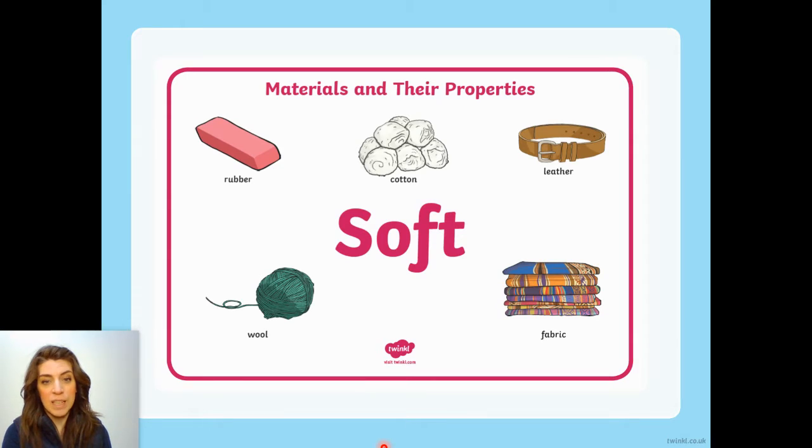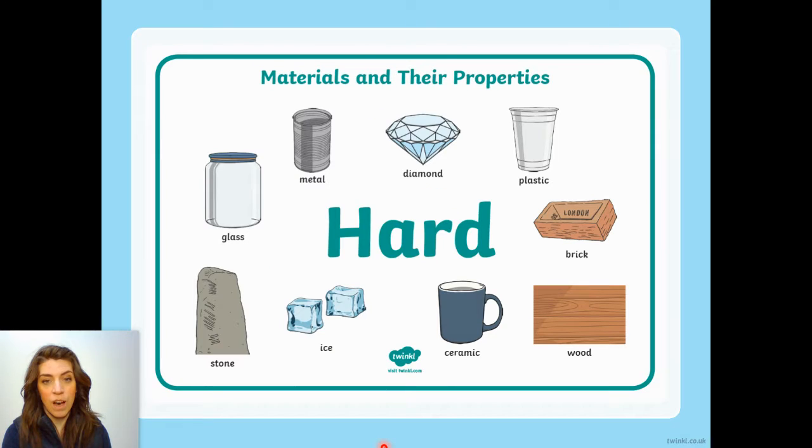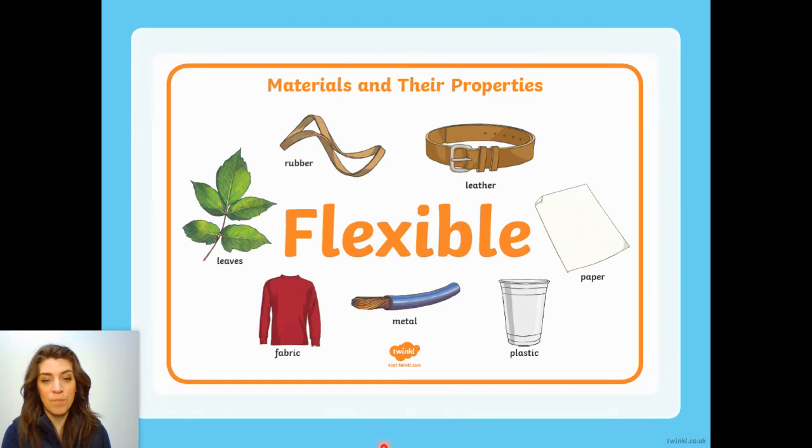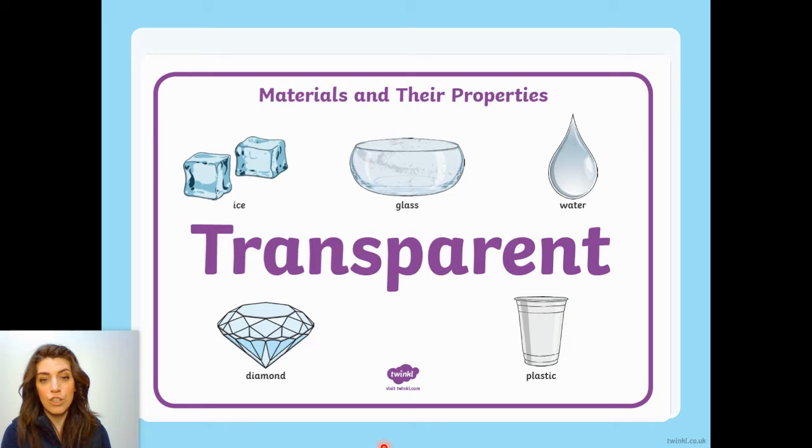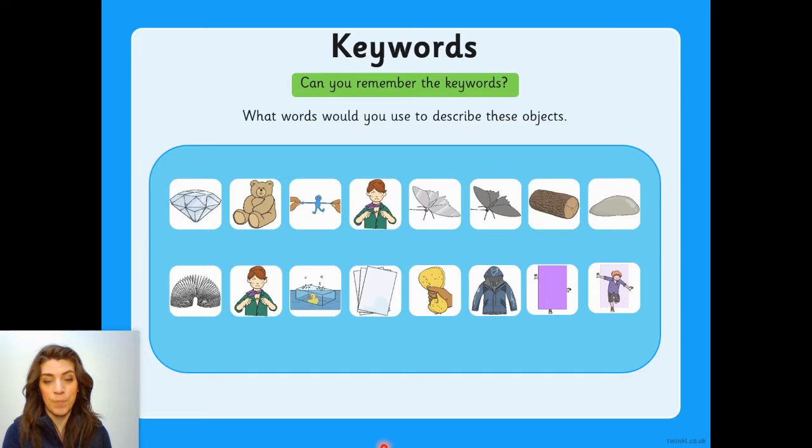So we can use things like soft, hard. All of these things on this picture are hard. Flexible. A teddy bear might be flexible. Transparent, something that you can see through. And there's all of these keywords that we've been looking at for a few weeks now on this screen.